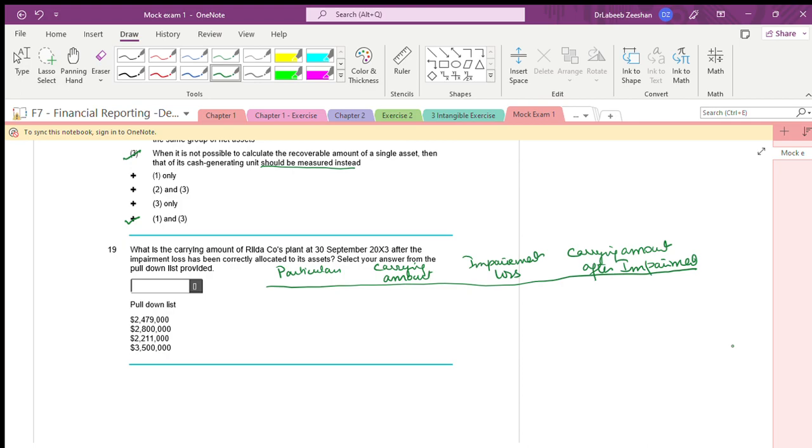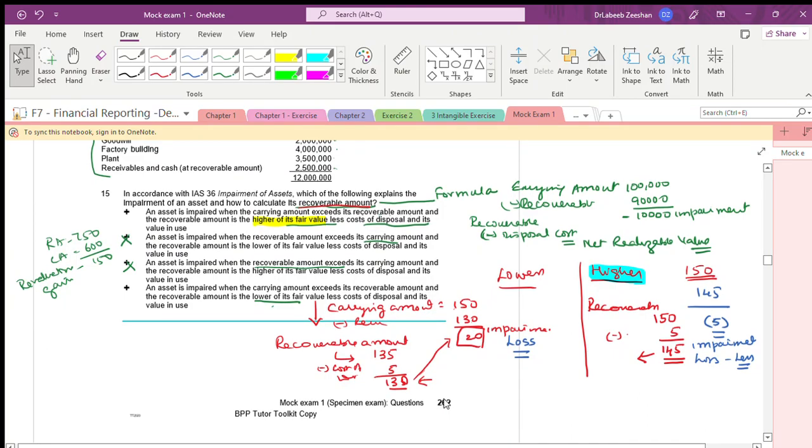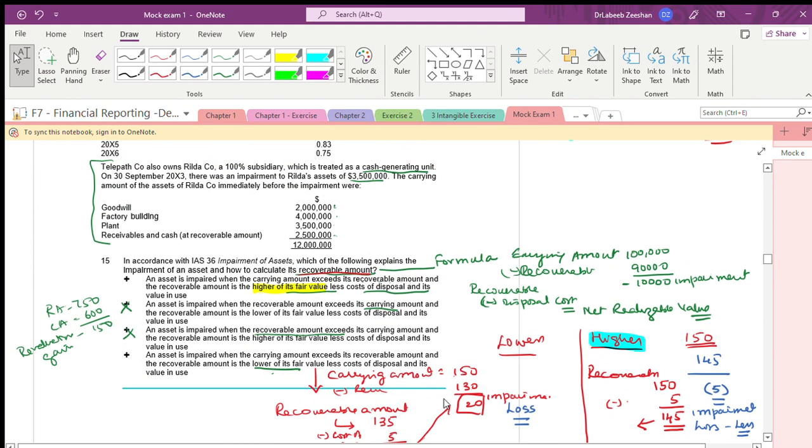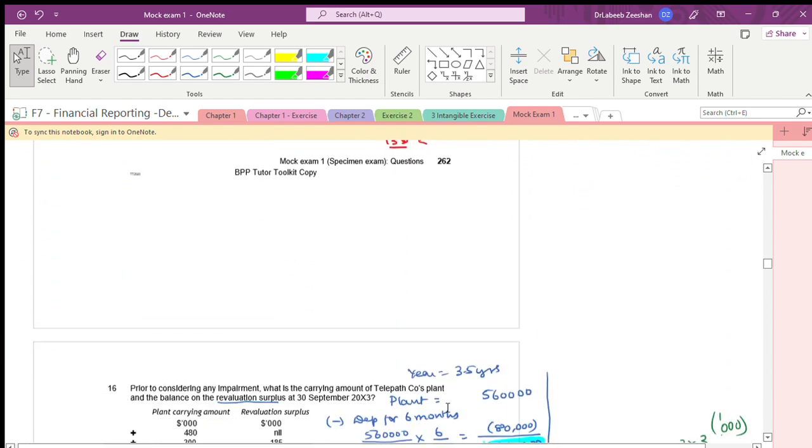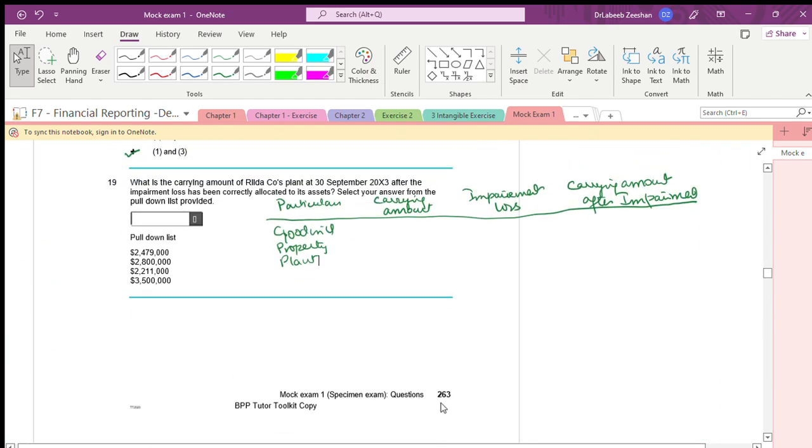First we will take the things they have mentioned. They have mentioned goodwill, they have mentioned property, they have mentioned plant. What are the other things? They have mentioned goodwill, factory building, receivables and cash.